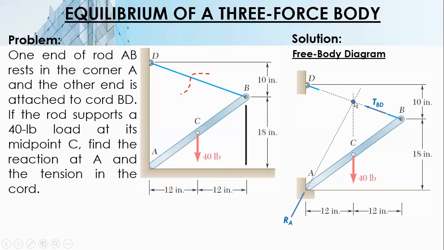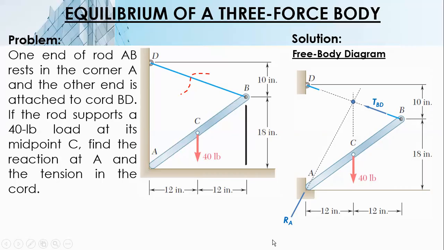It passes through here. You can also use a force polygon. Three forces: you have 40, then RA, TBD. You can place 40 here to form a triangle.